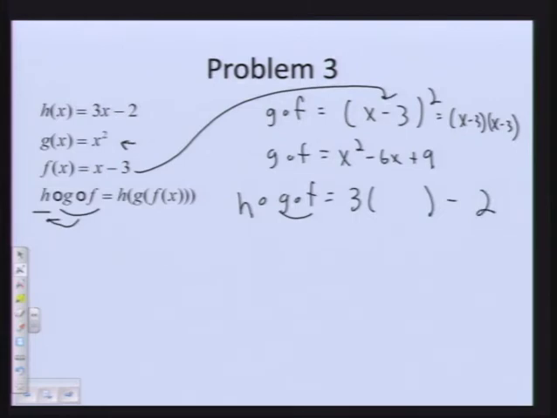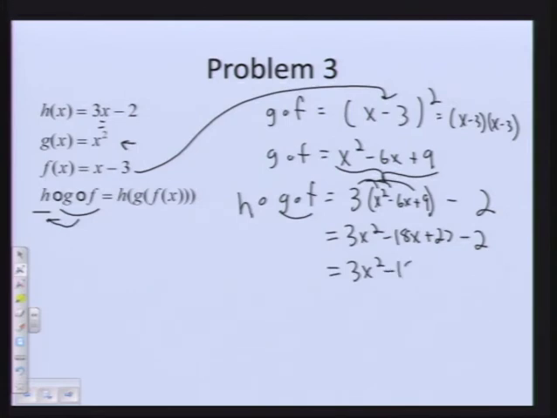And inside of the x that was in h, we plug in this function. So we have x squared minus 6x plus 9. So we get 3x squared minus 18x plus 27. Make sure you do that distribution correctly. Now don't forget the minus 2. So we get 3x squared minus 18x plus 25. And that is h circle g circle f.